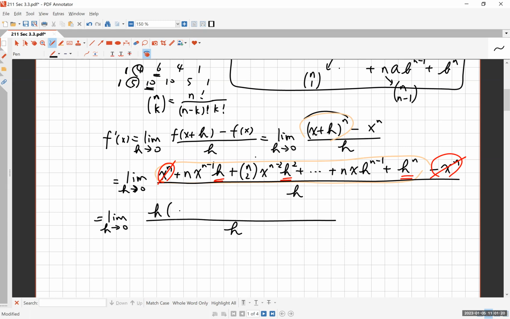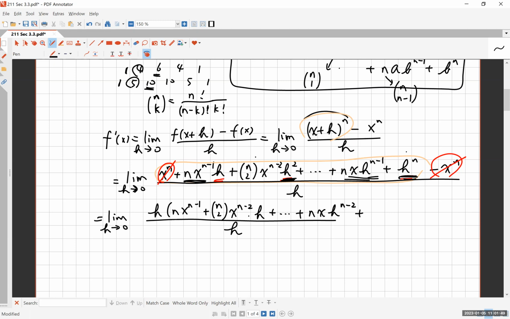You factor out h: n x to the n minus 1. Next one will be n choose 2 times x to the n minus 2 times. Now I'm taking out one of these h's, so you will just have h. And then this will become n x h to the n minus 2 because I am removing one of these h's. And then this becomes what?